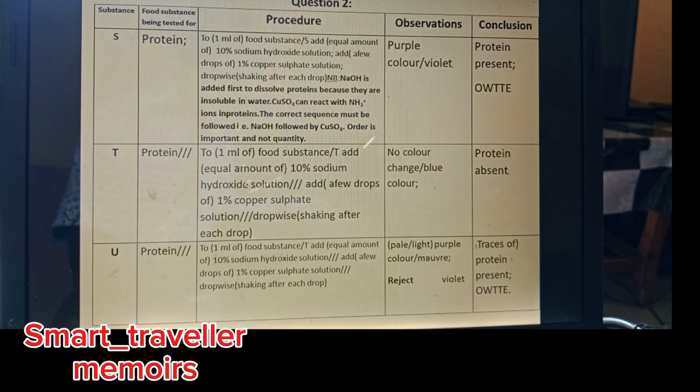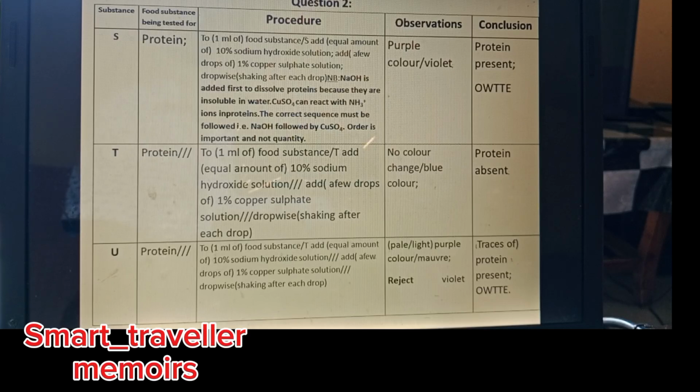The correct sequence must be followed: sodium hydroxide followed by copper sulfate. Order is important and not quantity. The observation you have is purple color for S, or you can just say violet. Then the conclusion you make is protein present.